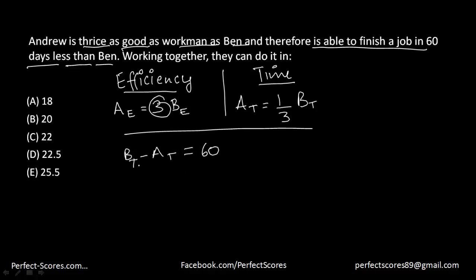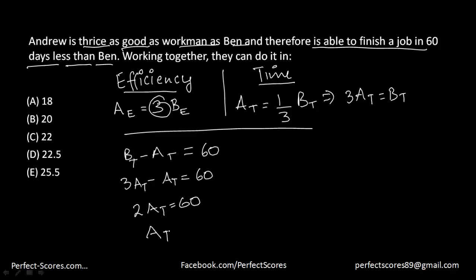And we already know from here that 3 times time taken by Andrew is equal to time taken by Ben, right? So if I substitute here, that would be 3 times time taken by Andrew minus time taken by Andrew is equal to 60, which means 2 times time taken by Andrew is equal to 60. That means time taken by Andrew is actually equal to 30.